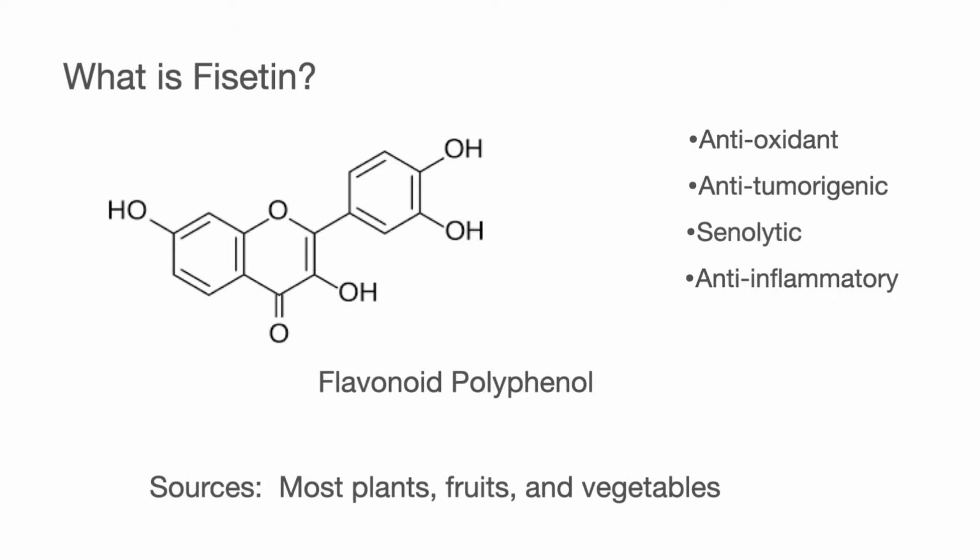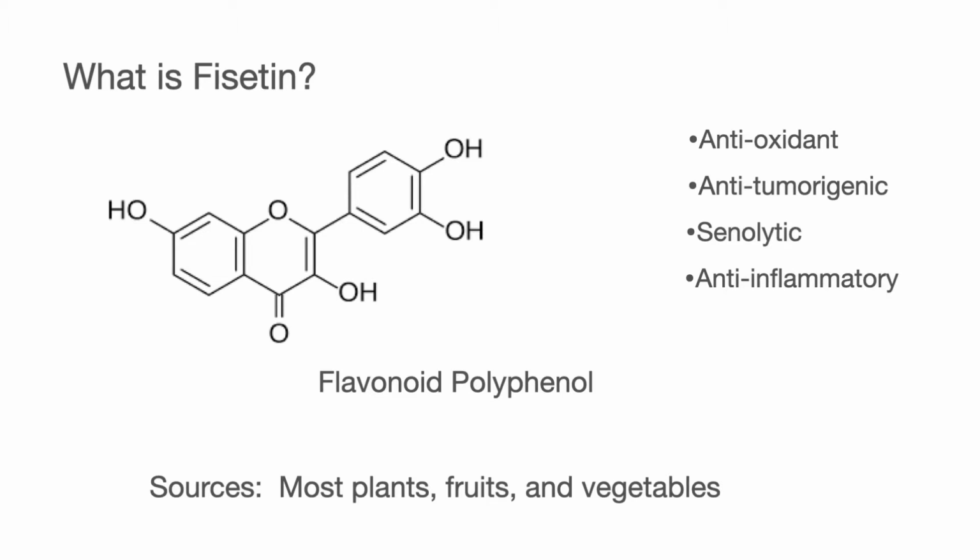And that allows it to do some things on the antioxidant front as well. And in fact, many flavonoid polyphenols can exert their antioxidant effects just based on their physical structure. And again, that's another video for another day. We're definitely going to dive into that.